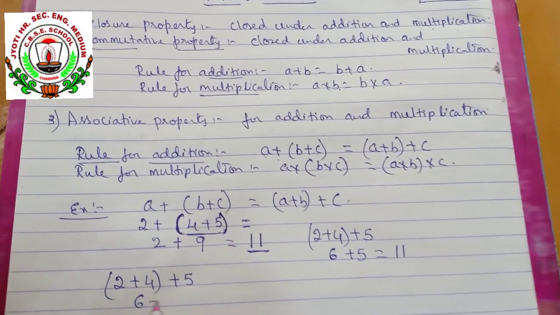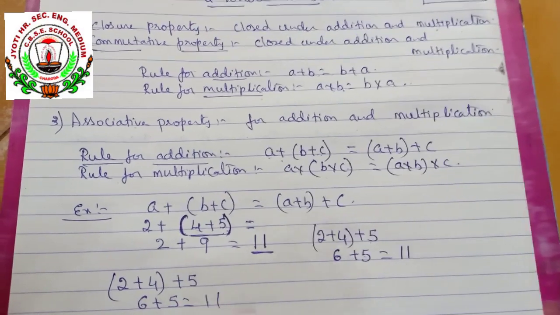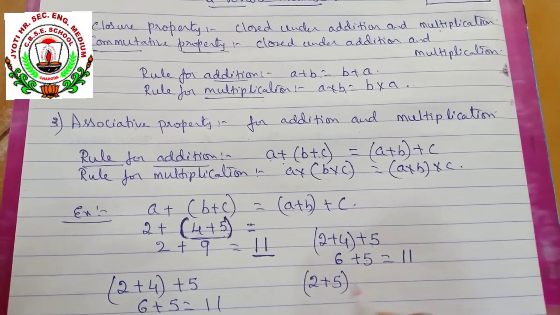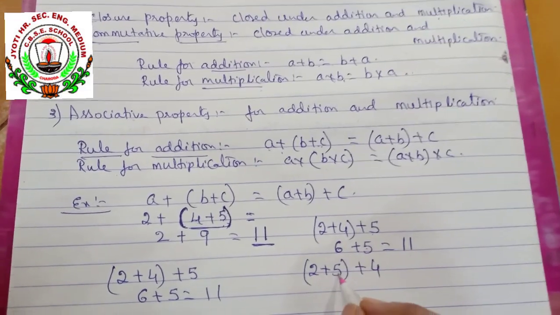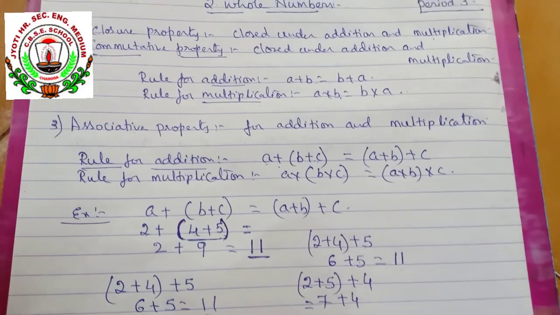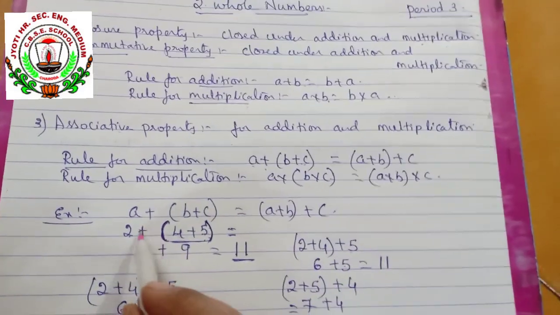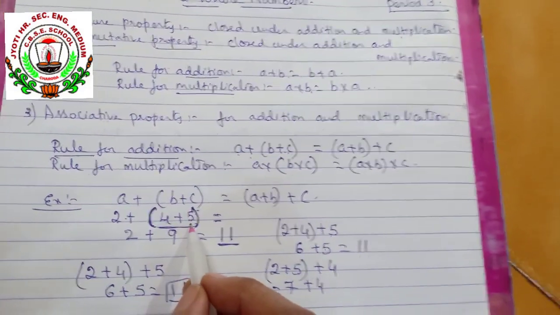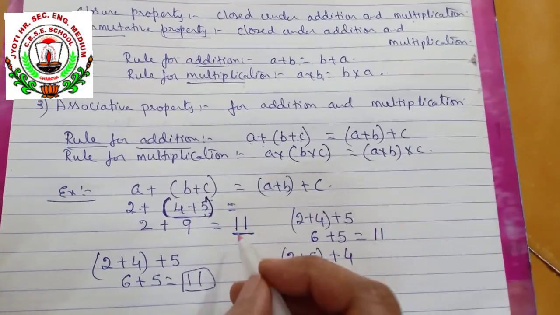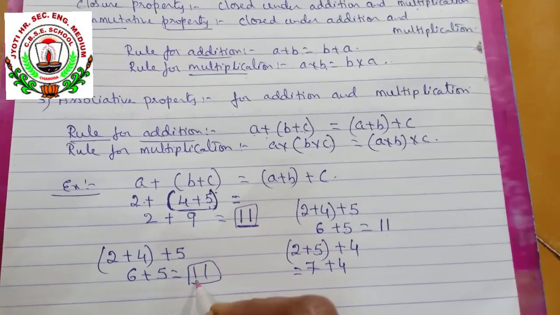We got 6 plus 5 is 11. When I change it to 2 plus 5 plus 4, 2 plus 5 is 7, 7 plus 4 is also 11. The same answer. It means I can interchange the numbers and add them in any way and I am going to get the same answer.